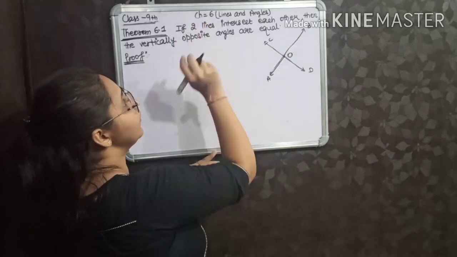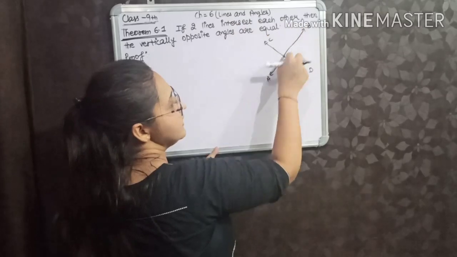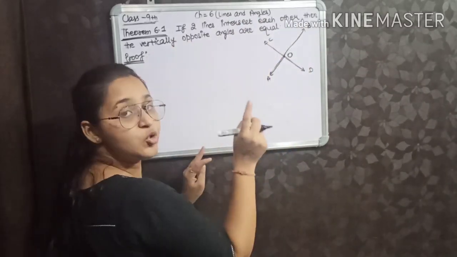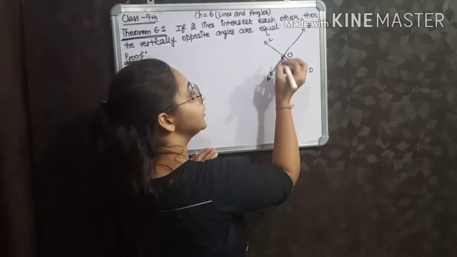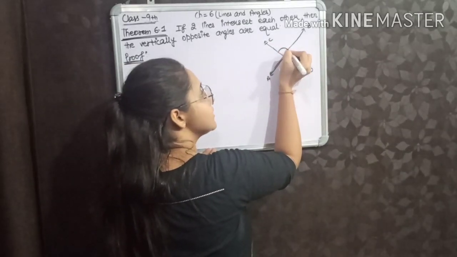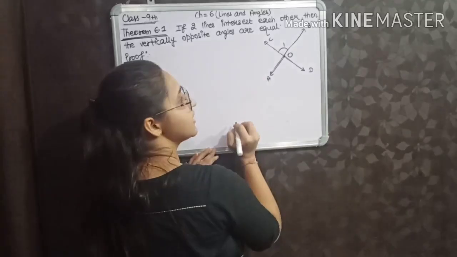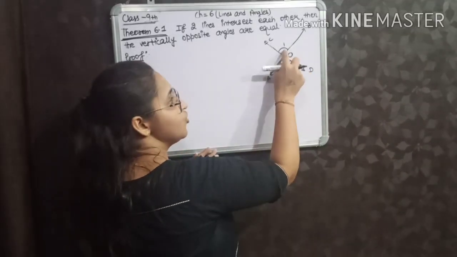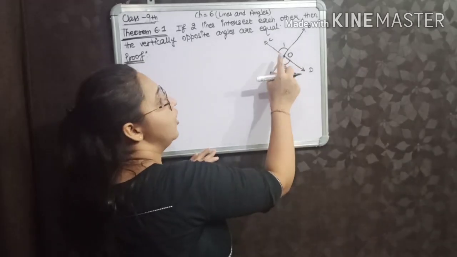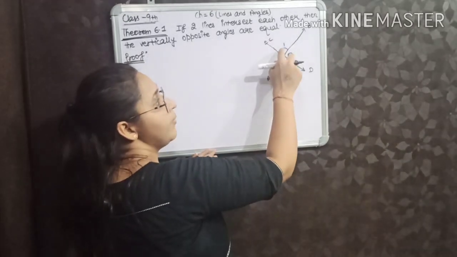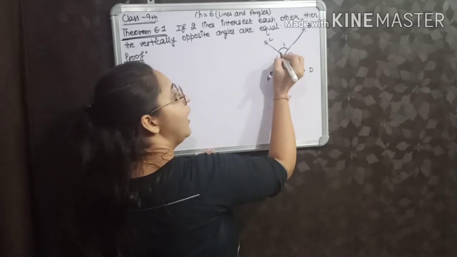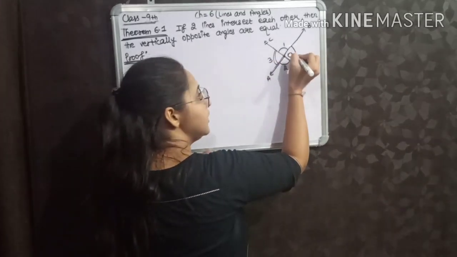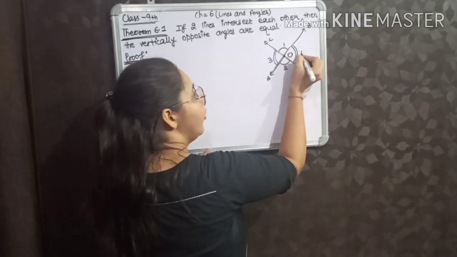Now according to the theorem, if two lines intersect each other, then the vertically opposite angles are equal. What are vertically opposite angles? This angle I name as angle 1, and this is angle 2; these are vertically opposite angles. According to the theorem, angle 1 is equal to angle 2 and angle 3 is equal to angle 4.